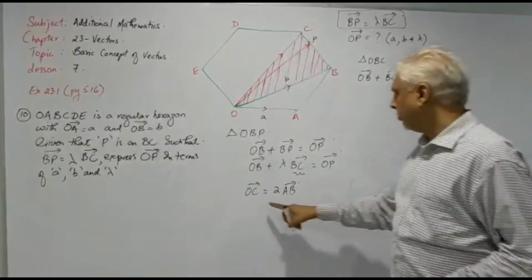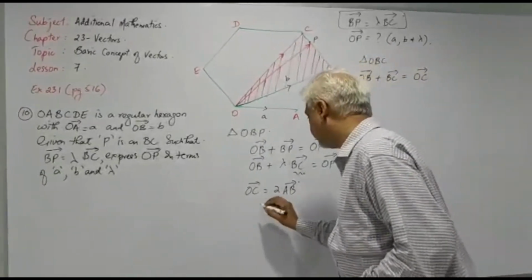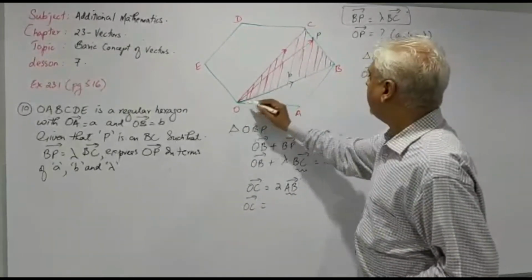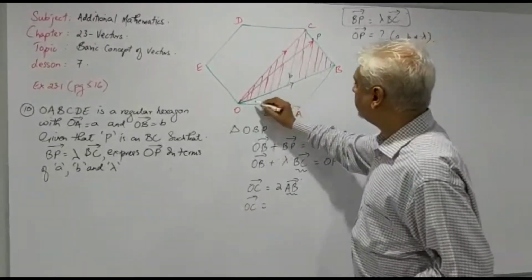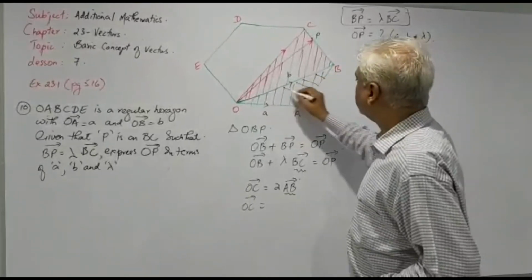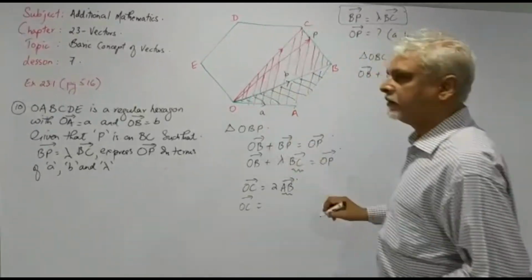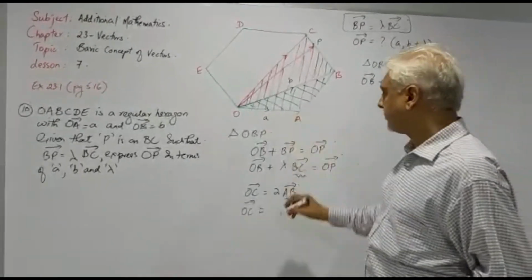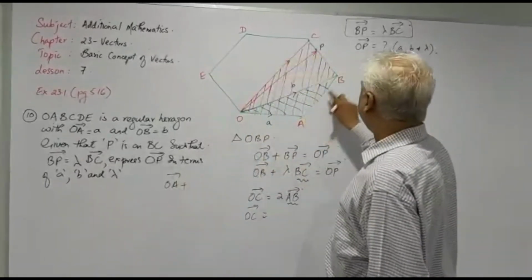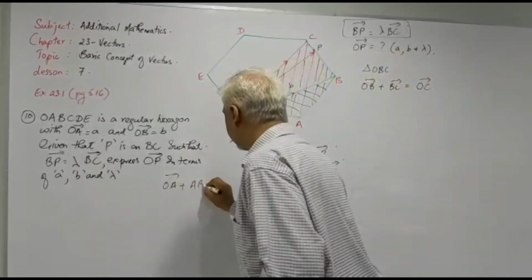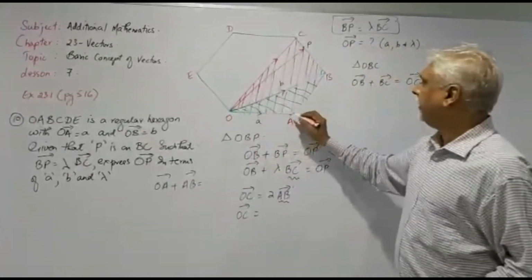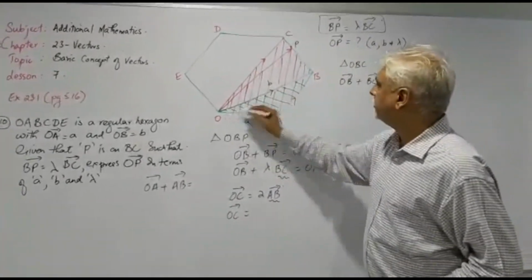So what is AB equals to? If you look into this triangle over here, we have OA plus AB equals to OB.